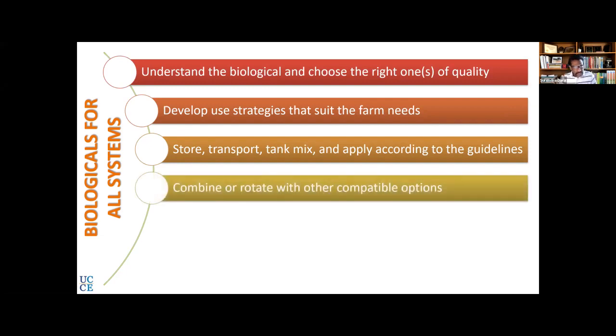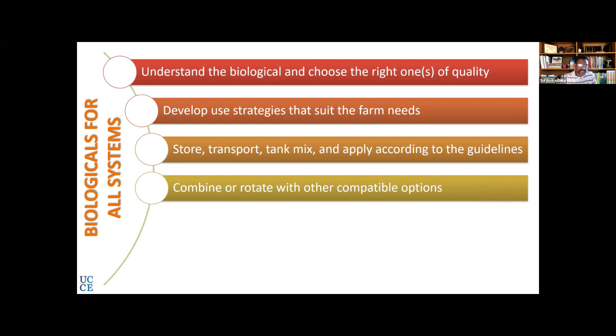And then, it is also important to combine and rotate, not just these biologicals. Any tactic, IPM has several control options. Again, starting from host plant selection to various cultural practices, even before we have to spray or do something about pests. Changing agronomic practices can play a critical role in pest suppression.